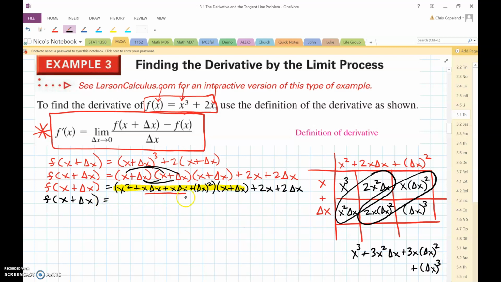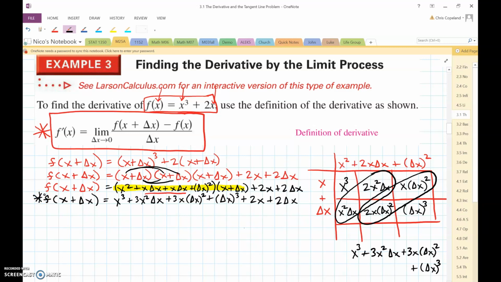So now I'm going to replace all that I have highlighted in yellow with this x cubed plus 3x squared delta x plus 3x delta x squared plus delta x cubed plus 2x plus 2 delta x. Okay? Alright, so now I have f of x plus delta x.